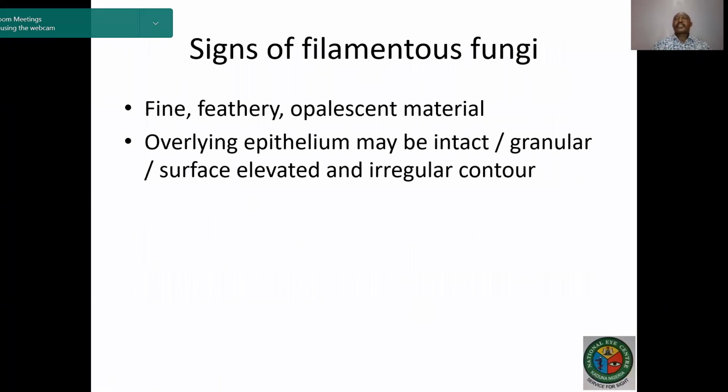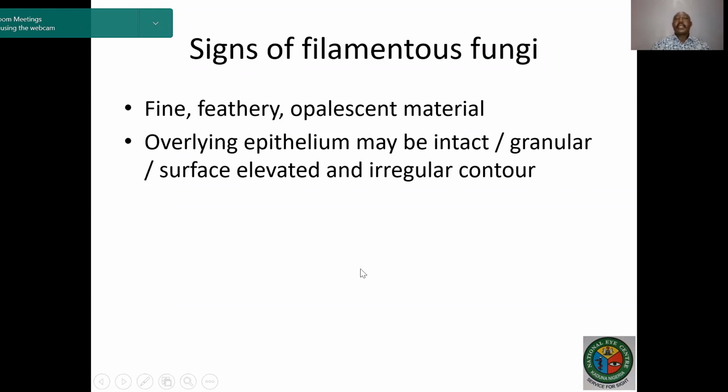For filamentous fungal species, the ulceration is characteristically made up of fine feathery palisades material.